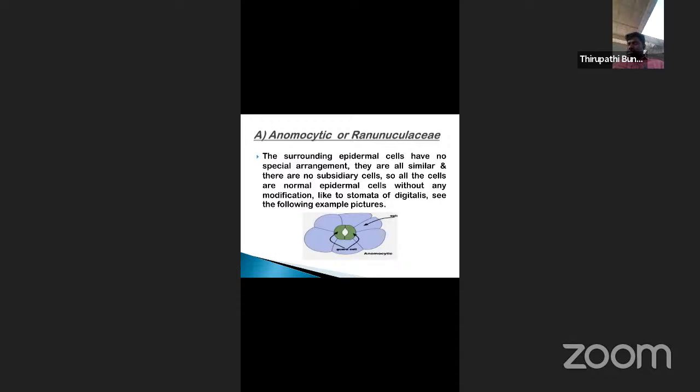All these plants show anomocytic stomata in their leaves.